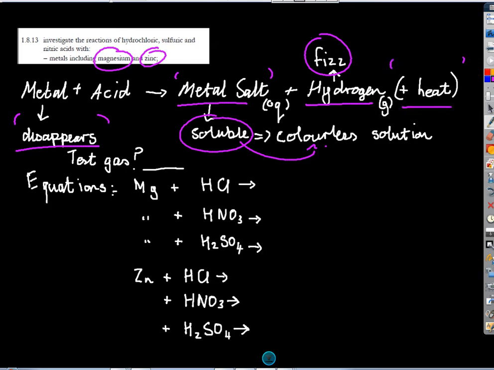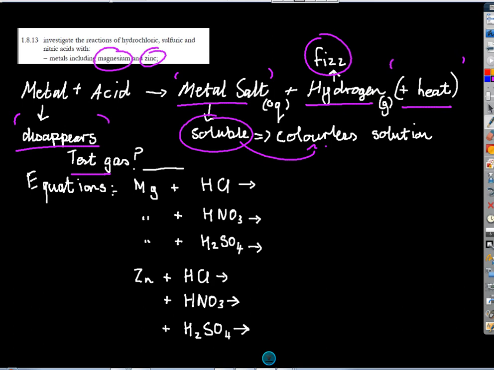You might say, well, I can't see heat, but it's still an observation. Things that you can touch are observations, and you can feel heat being produced in the bottom of the test tube. Okay, touch, smell, and see are your observations. Okay. Test for the gas I've said here. Well, I hope you all know that the gas is hydrogen, and you test for hydrogen using a lit splint, and you'll get, of course, that squeaky pop.